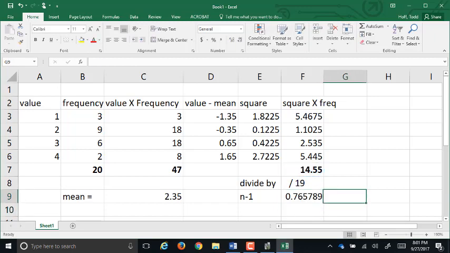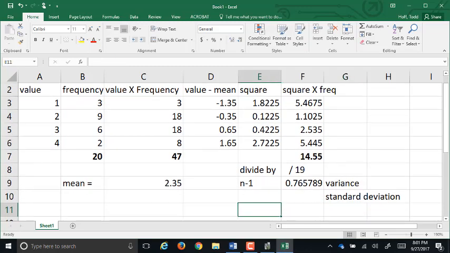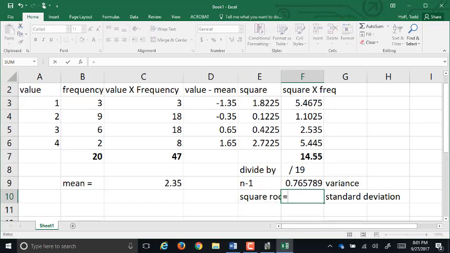That is the variance, 0.765789. Calculate the standard deviation from that. What do we have to do? Square root. Square root of 0.765789 is 0.875094. So 0.88 would be my square root, or my standard deviation.